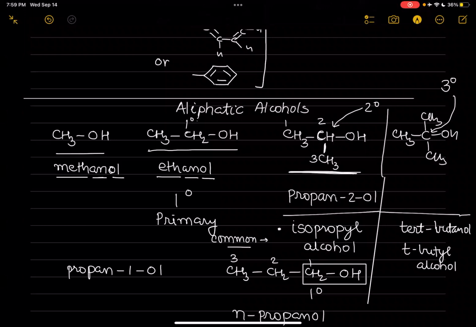IUPAC name will be fixed. It will not change. Okay, it will remain fixed. Just one IUPAC name. So what's the IUPAC name of tertiary butanol? Can you tell me quickly? Anushka, Rayan, Imad, Sahil.